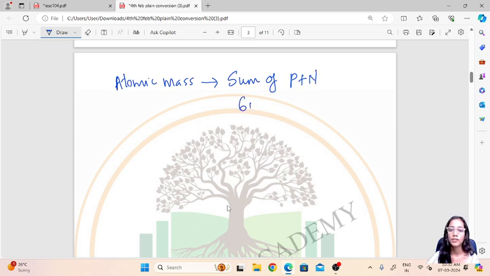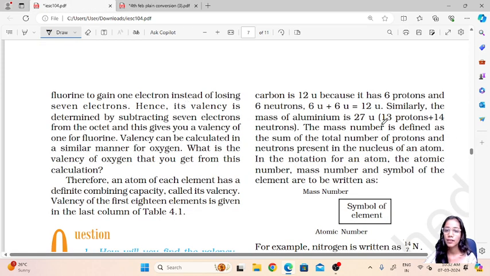If there are 6 protons and 6 neutrons, then the atomic mass is 12. This is for the carbon element. Similarly, aluminium is 27, with 13 protons and 14 neutrons. The mass number is defined as the sum of the total number of protons and neutrons present in the nucleus of an atom.